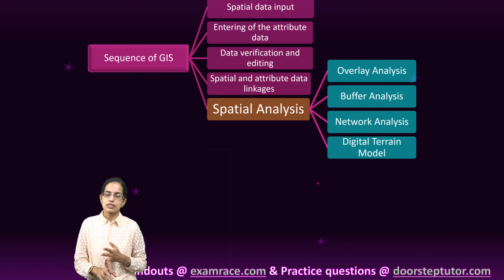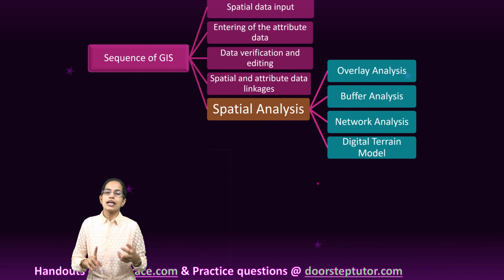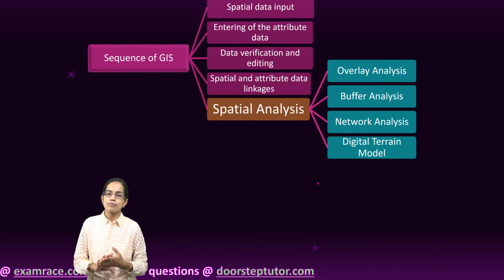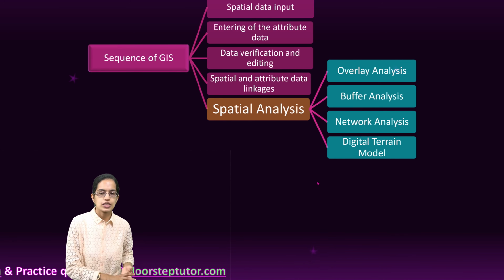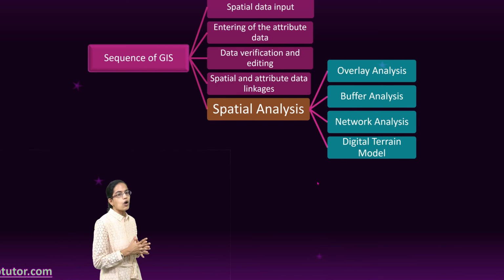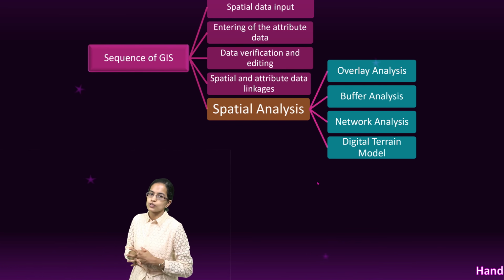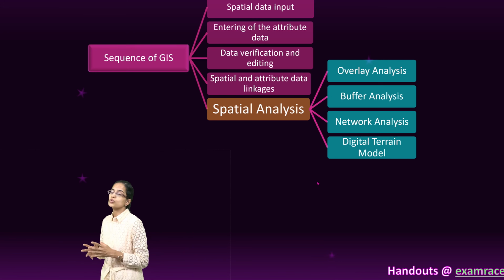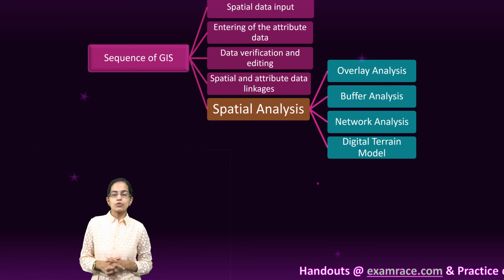Computers and software technologies are essential for those, and therefore we call this a part of spatial information technology, or an amalgamation of GIS, GPS, digital cartography and database management systems.